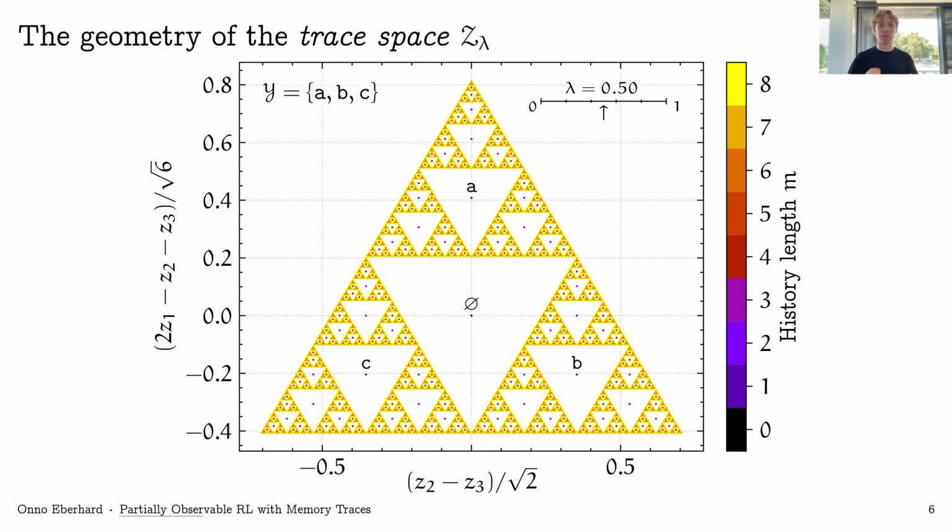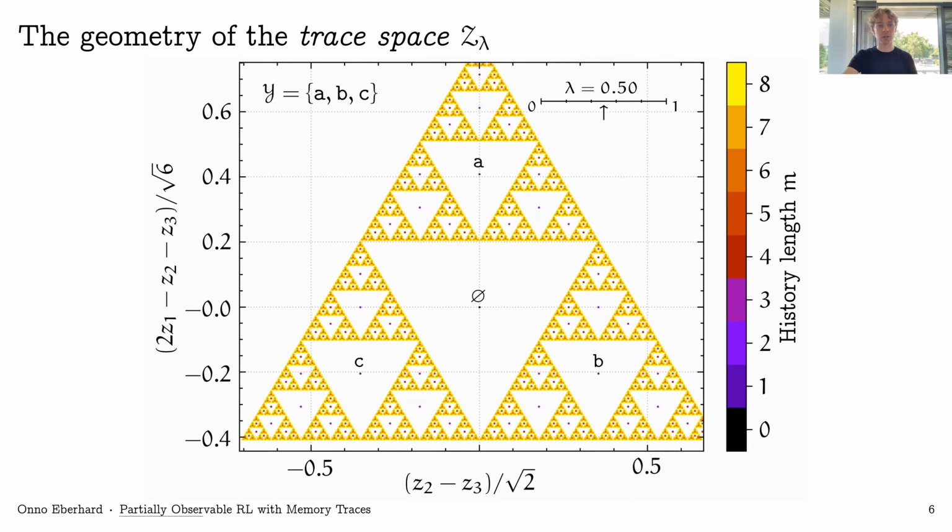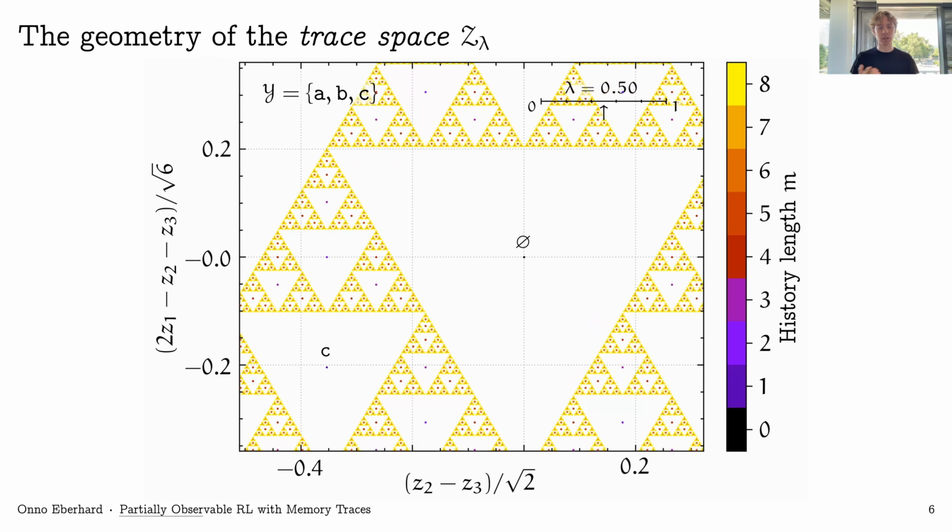And more generally, if two histories differ in an observation that is several time steps ago, then they will also belong to two different triangles. And this we can see by zooming into this picture.